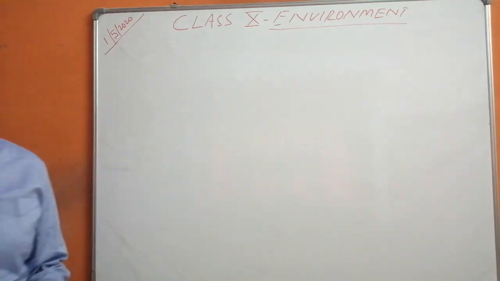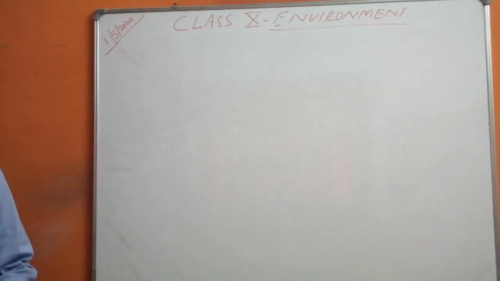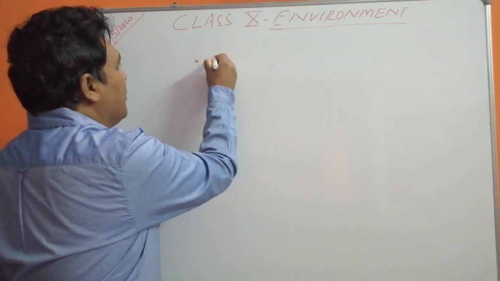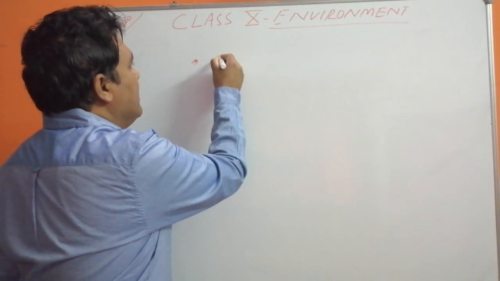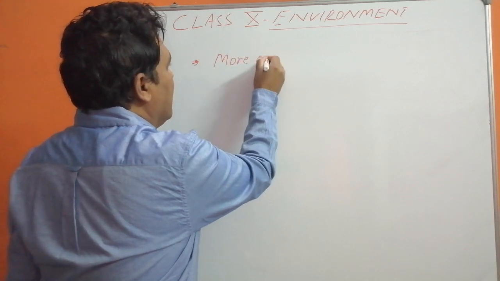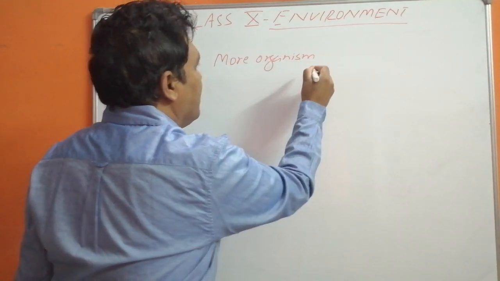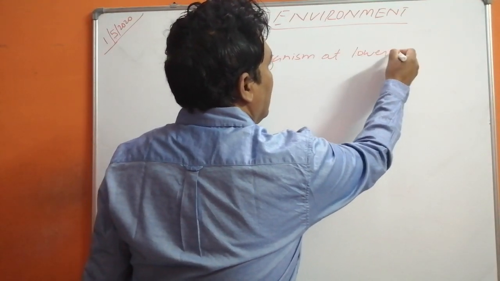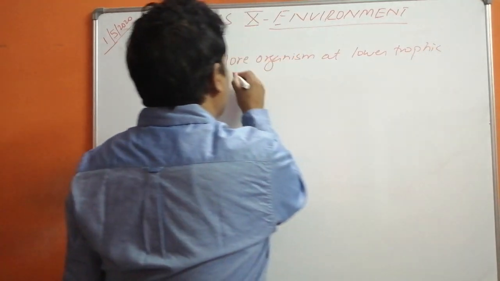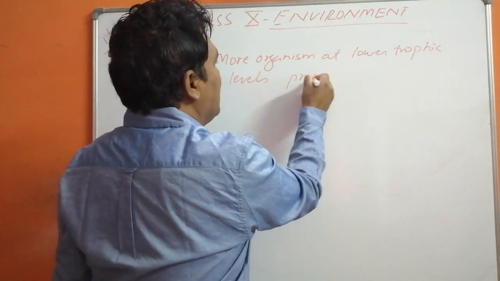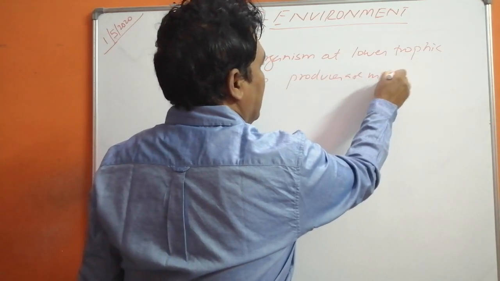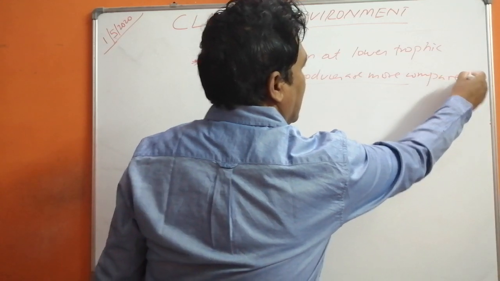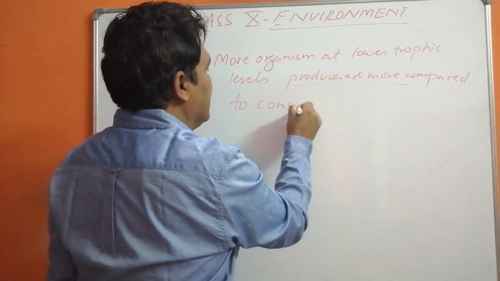Now children, let me discuss the characters of a food chain. A food chain will represent more organisms at the lower trophic levels, which means producers are more compared to consumers.